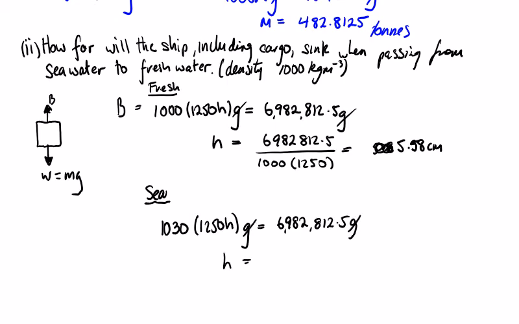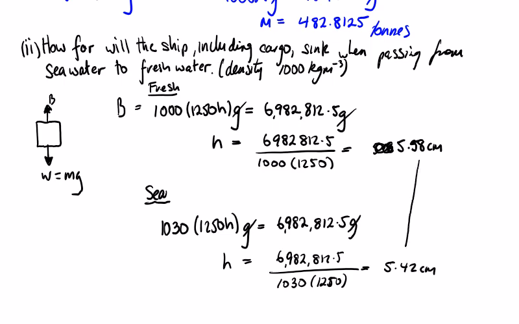So if we leave the h there and divide that by 1030 by 1250, we are going to get 5.42 centimeters.